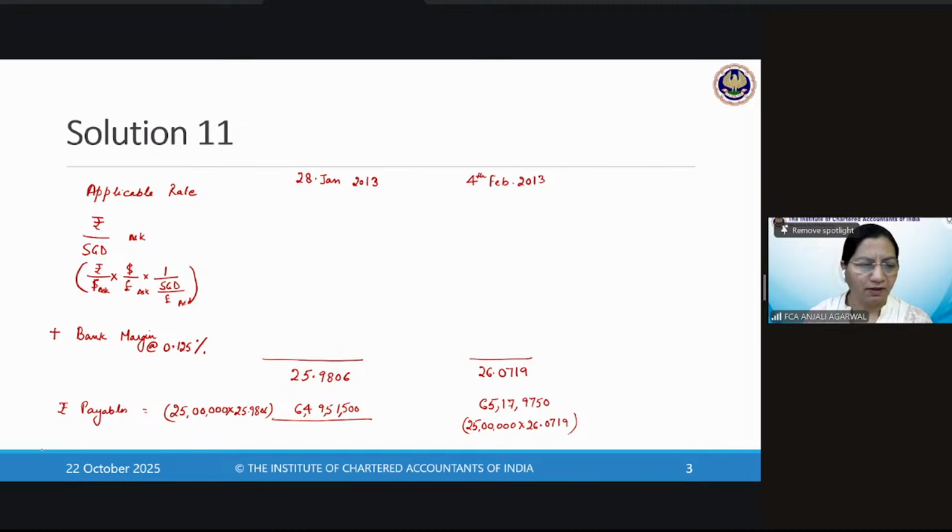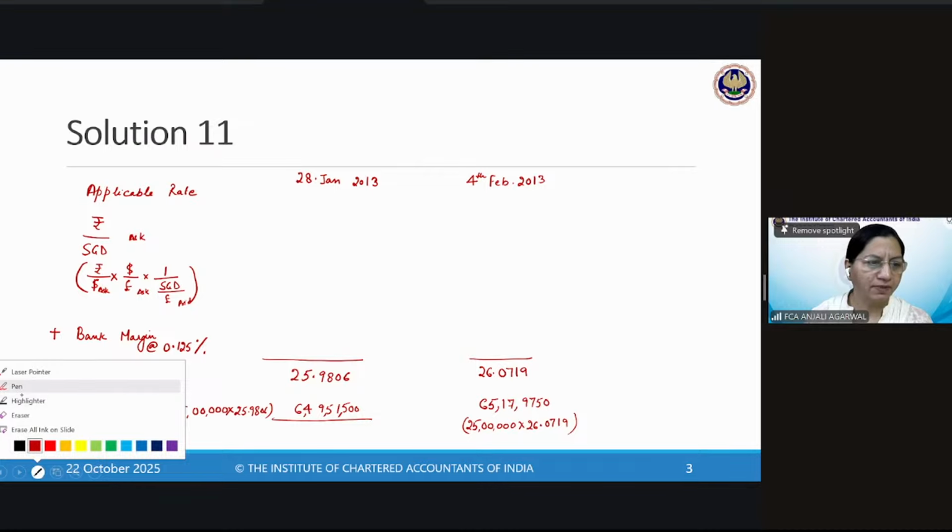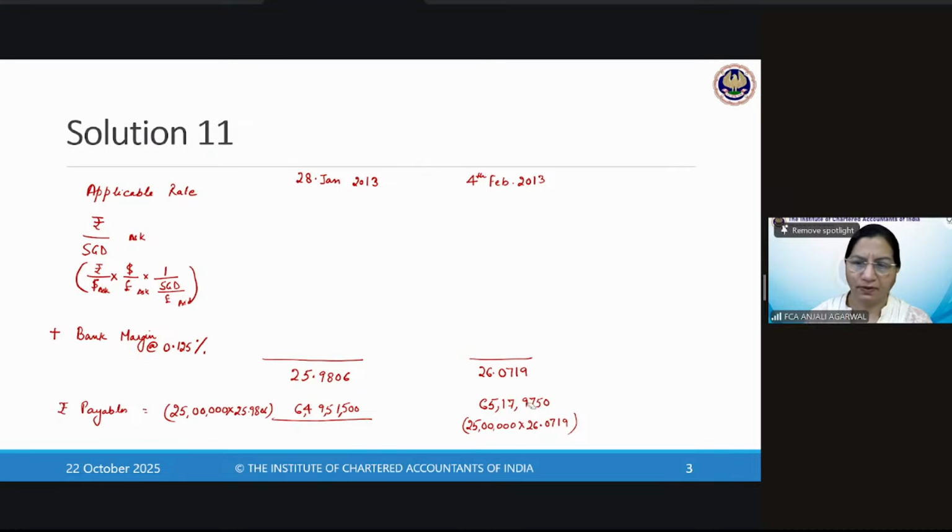So you will compare how much is the difference in payables. 25 lakhs into 25.9806, you end up paying 6 crore 49 lakhs 51,500. And if the rate applicable is 26.0719 together with margin, you end up paying 6 crore 51 lakhs 79,750. So how much extra did you pay? That is the final question being asked.